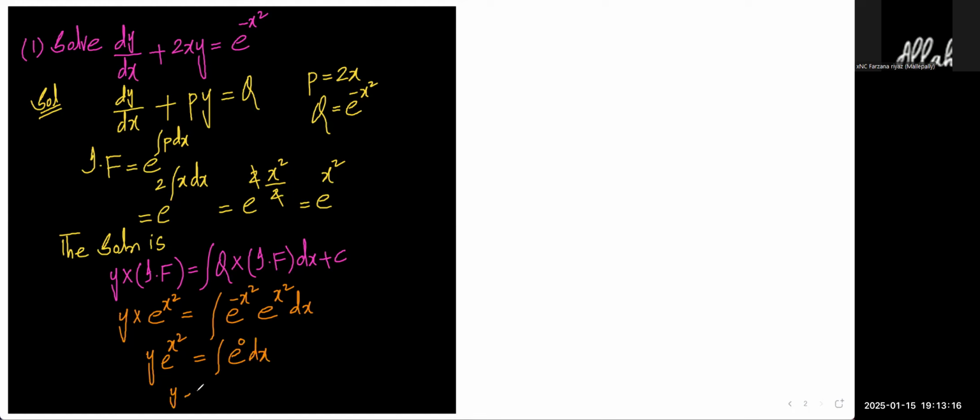E power 0 is 1. So integration of 1 dx is x, then plus c. We have reduced one step here. If you want, that step is y into e power x square is equal to integration of e power 0, which is 1, dx. Then 1 dx will be x plus c, which is the answer of this problem.